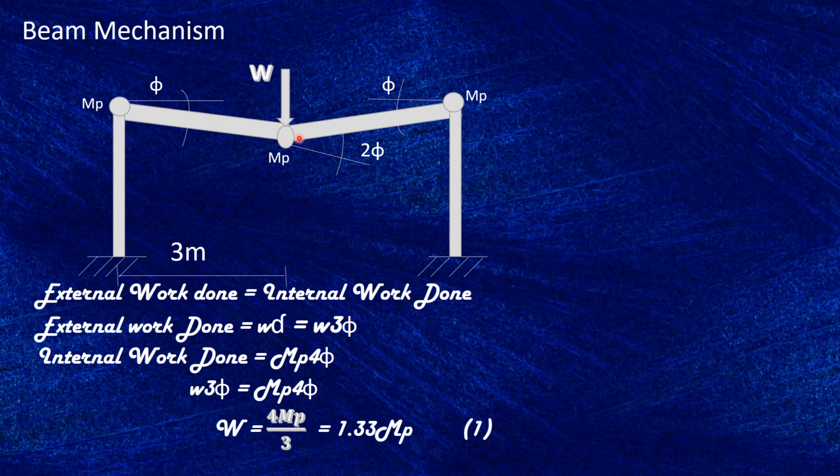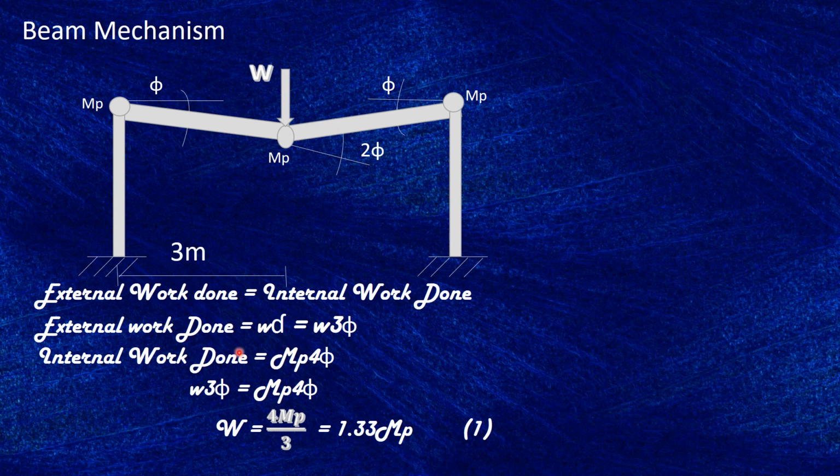Of course, the same applied to this joint. This member has rotated by theta here, similar to this theta here, and this member has rotated by theta, similar to this theta here, so 2 theta. This one is 1 theta. Of course this one has rotated as well, so MP times this rotation theta is the internal work done. So there is 4 MP causing 4 theta rotations.